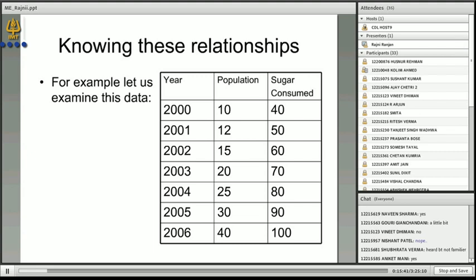So that is correlation analysis. Any ideas about what is regression analysis?